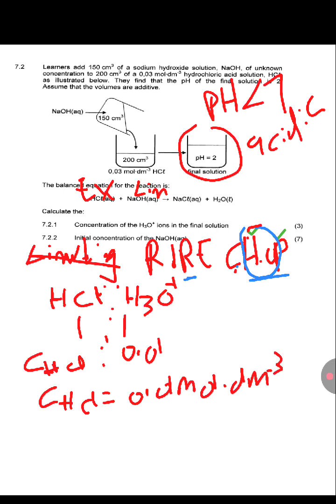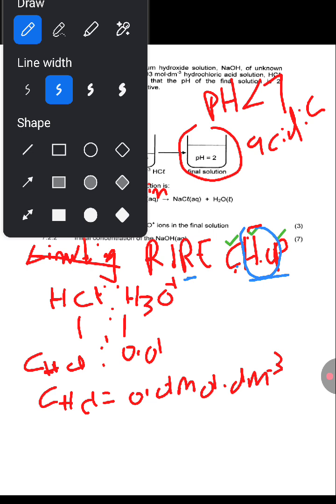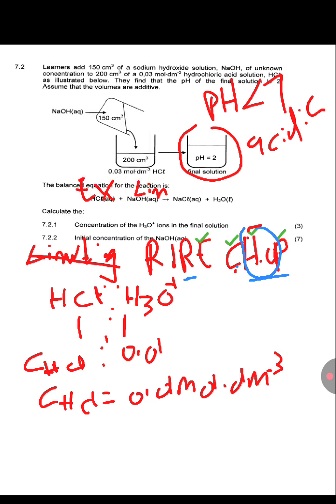Now I want to get to this part. I am done with this part. Remember, I'm saying I'm working backwards. I now want to get to this part here, right? So how is this related to concentration? These two, how are they related now?